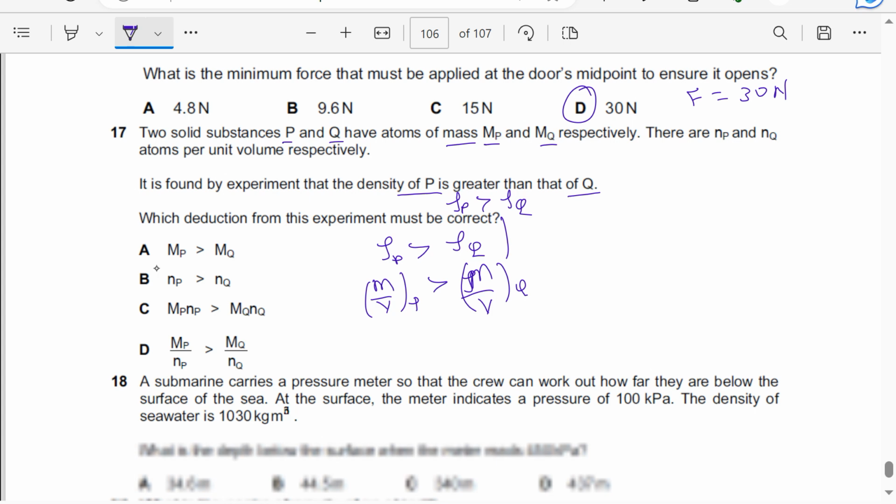The mass for P is MP, and since they gave us the number of atoms per unit volume, 1 over V is the same as NP. So this should be greater than MQ, and 1 over V will be NQ. So the answer is automatically C.